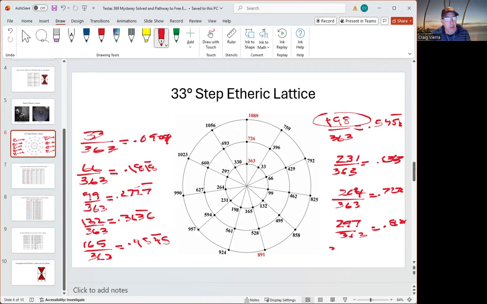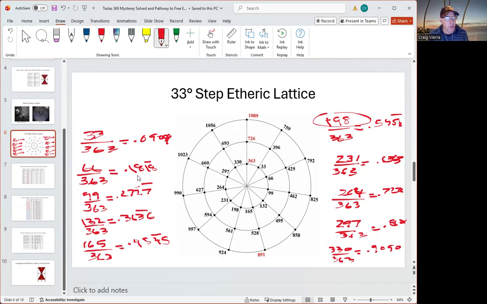And then 330 over 363 is 0.9090. Okay, so I want you to remember all these numbers here. These are all like taking proportions as we go around this first concentric ring. Okay, so if you remember all of that, I can take you to the hourglass.